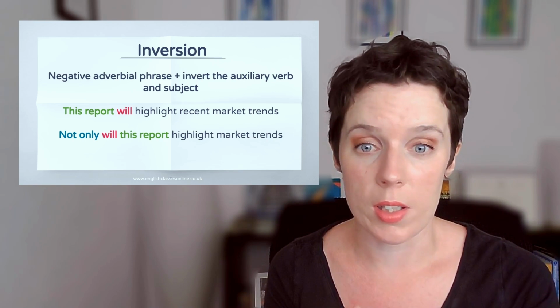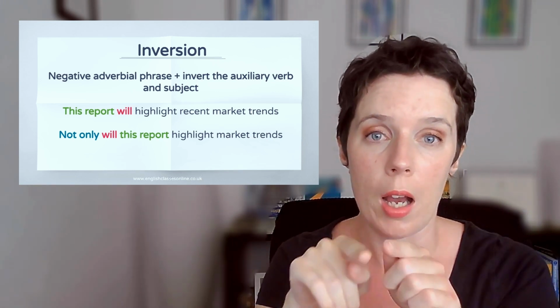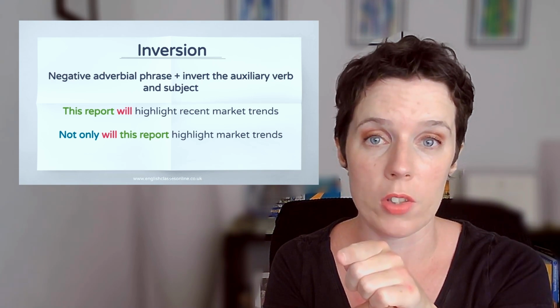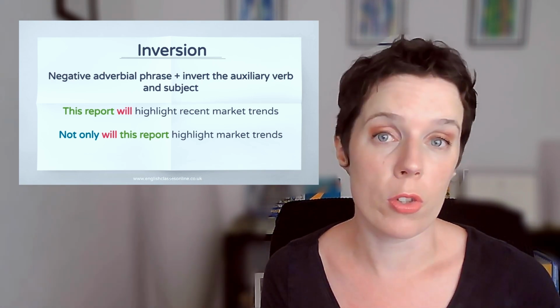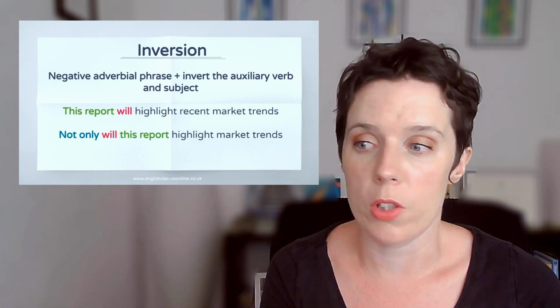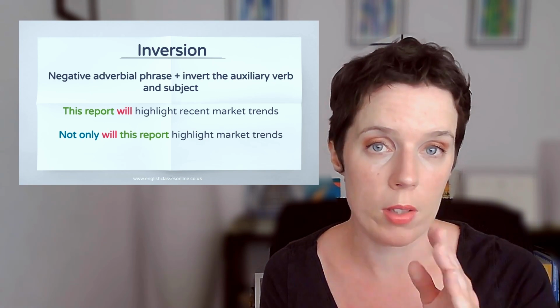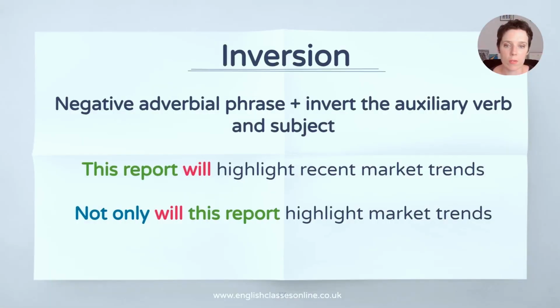Whereas if you invert it using not only your negative adverbial phrase and then you switch will and the subject around, making it an inversion, the examiners are going to give you more points, basically. So it becomes: not only will this report highlight market trends. As we said, you need your negative adverbial phrase, not only.